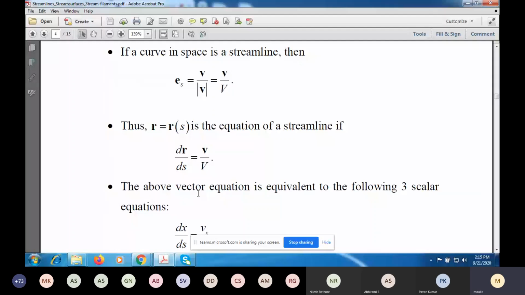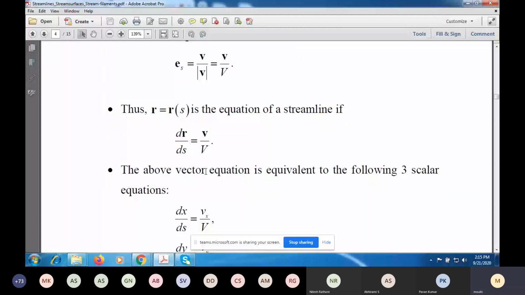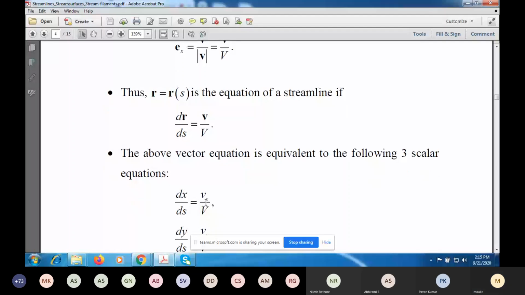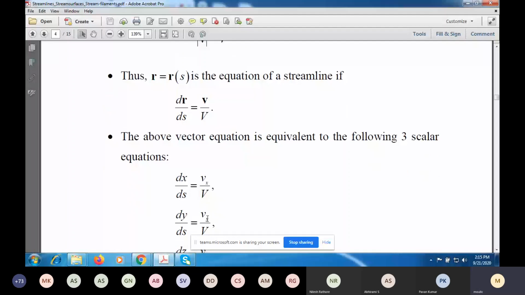If you look at the x component, the x component of dr/ds is dx/ds, and the x component of the vector V is Vx. So the first equation is dx/ds equal to Vx by V. Now if I look at the y component, it will be dy/ds equal to Vy by capital V.